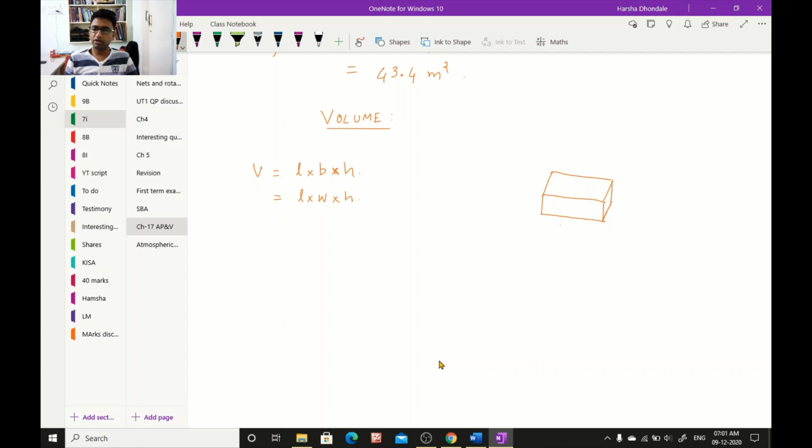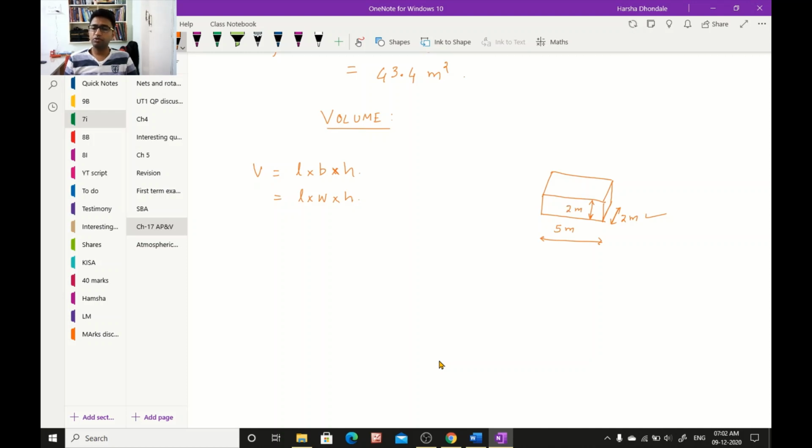I will call it like, say 5 meters, and this becomes the breadth, and let us say this is 2 meters, and this becomes the height, let us say it is 2 meters.